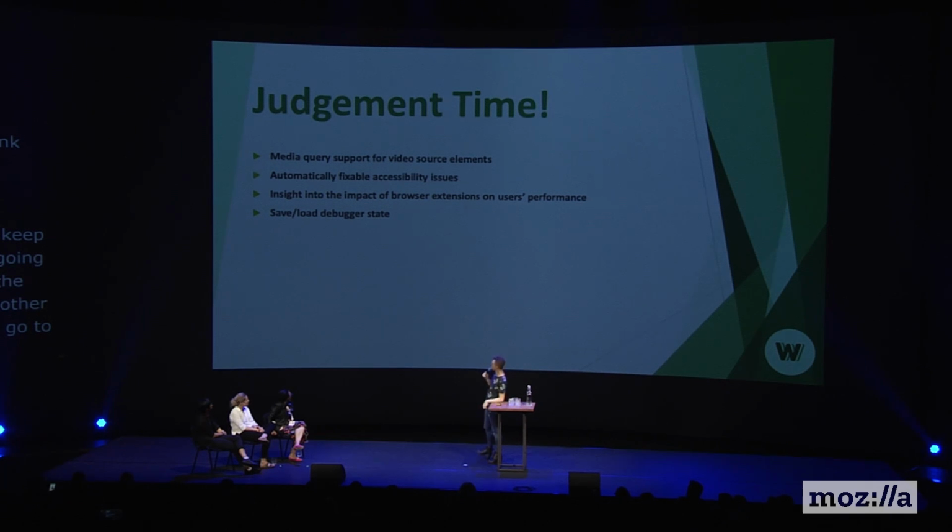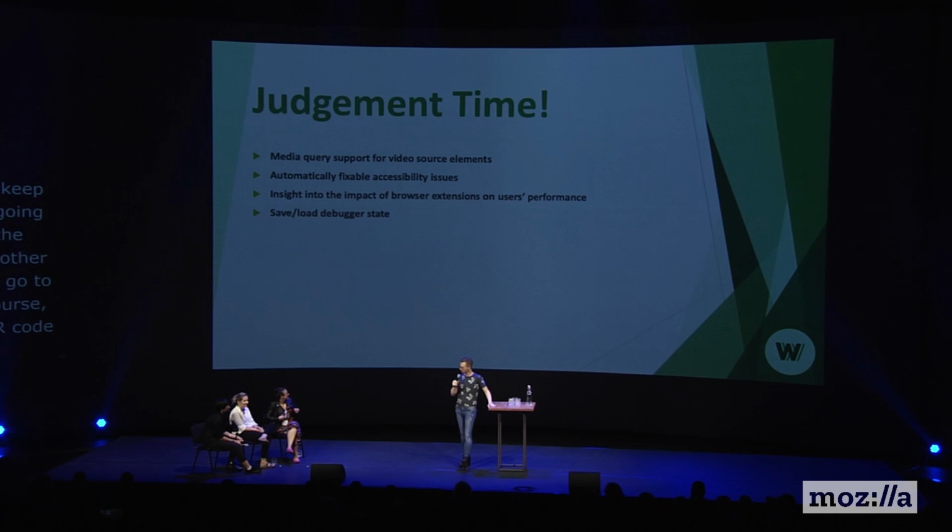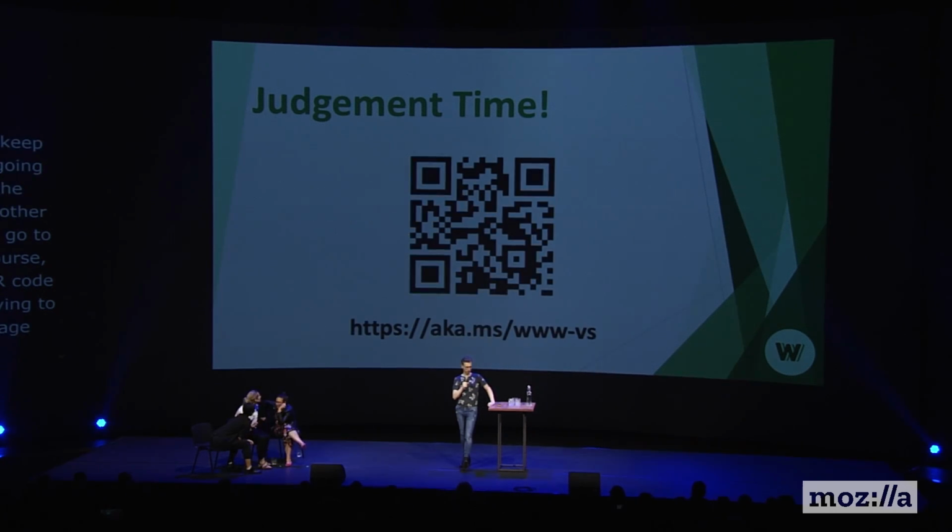Is there a next slide? Anyway, there will be a QR code up anytime soon, I hope. While they're trying to figure that out, I'll let the judges confer. You can go to that page and just vote on your topic. There it is. I could also have just said the URL.